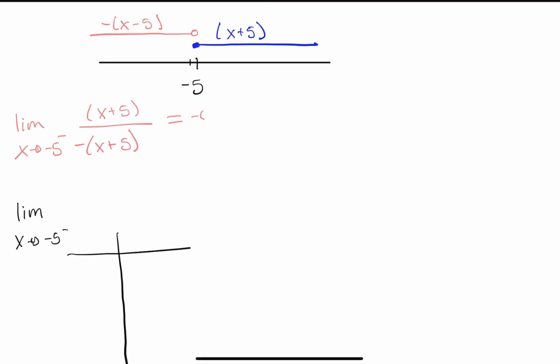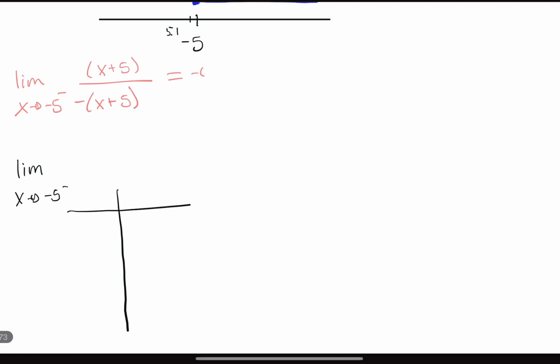So a value that's a little bit bigger than -5 could be like -5.1. We could use -5.1. We can use -5.01. And then let's try an even closer number to -5, -5.00001.